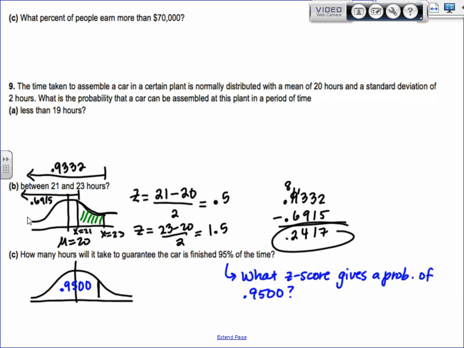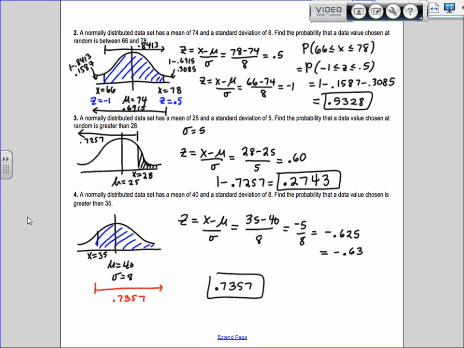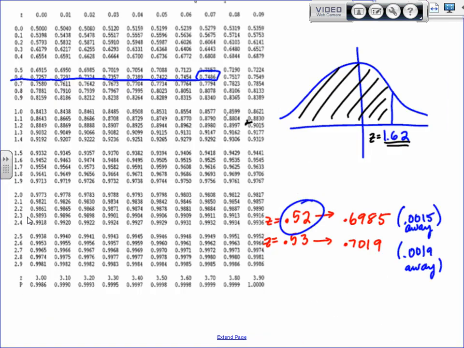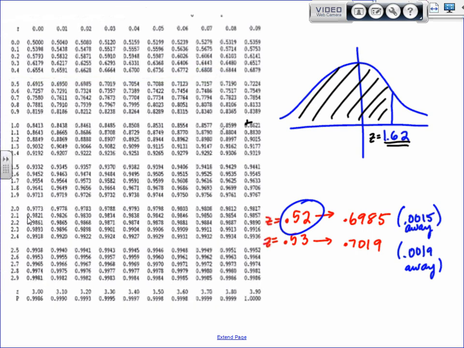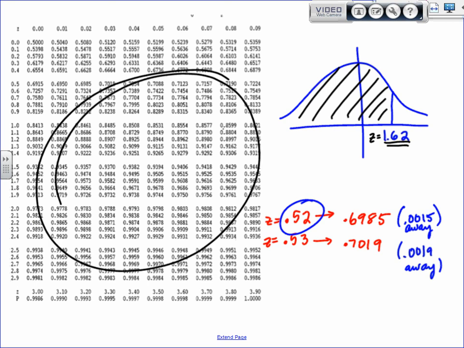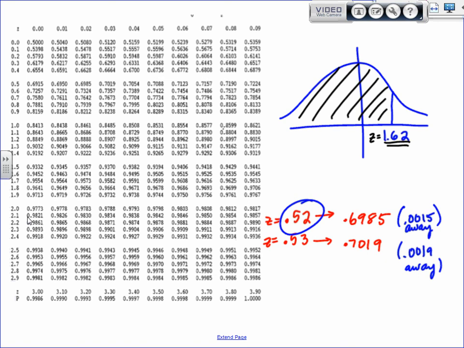So that means in my chart, I am looking up in the middle of the chart. Sorry, I really confused you. In the middle of this chart, I'm going to look for 0.9500. Do you guys see what ones are close to it?